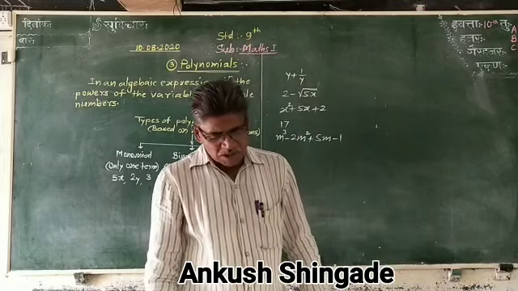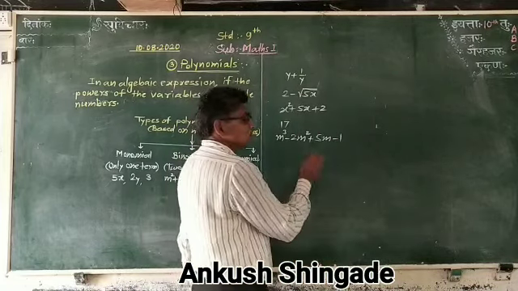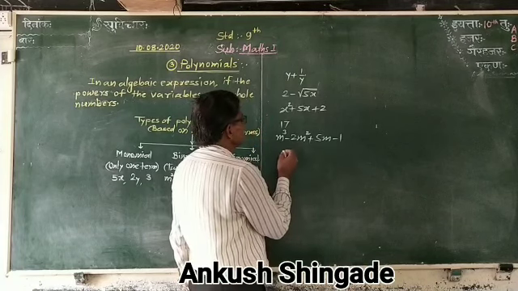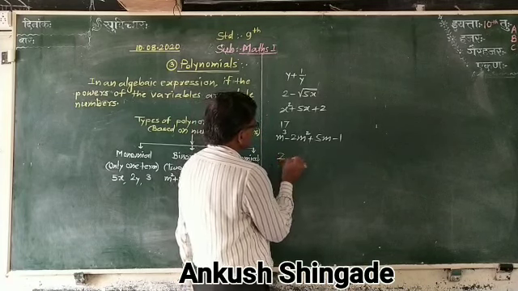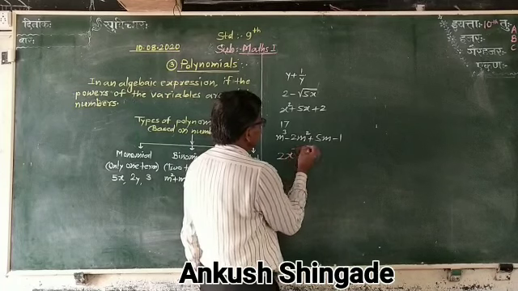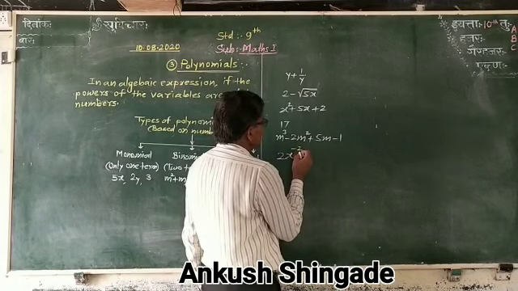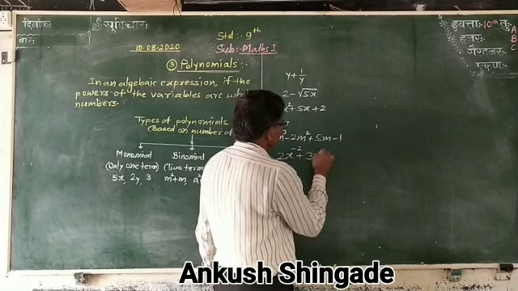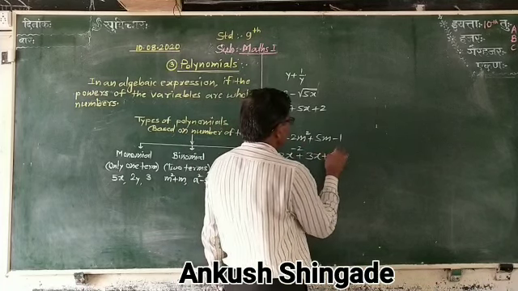Now from these expressions, as well as one more example, 2x raised to minus 2 plus 3x plus 2.